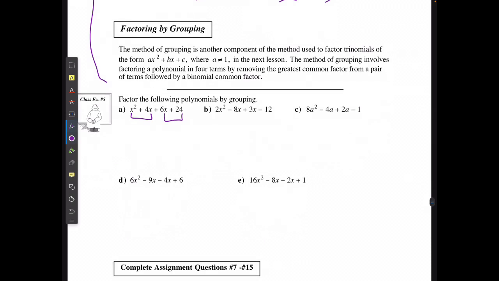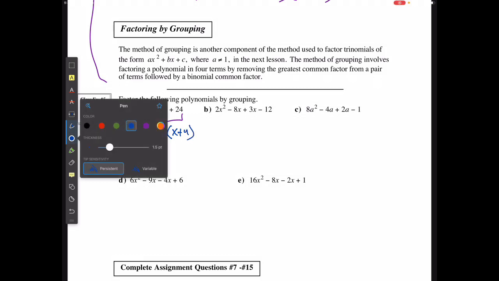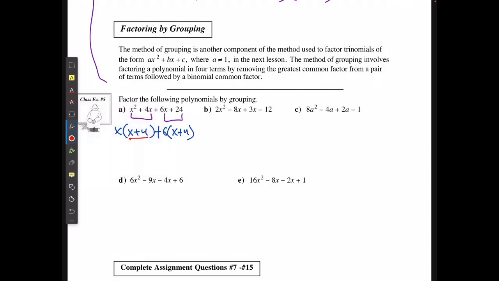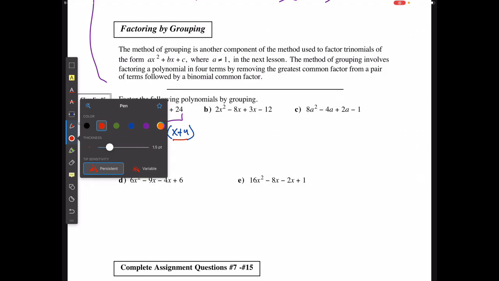So when I pull the common factor out of them, in this case I can pull an x out and be left with x plus 4, and on the right hand side they're both divisible by positive 6, and I'm left with x plus 4. I know that I've done it correctly as long as what's left in the brackets is identical. So that is the common factor that I can pull out.